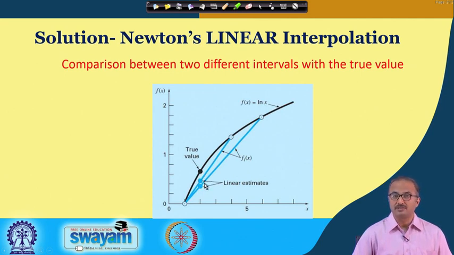So that is what I was telling: what kind of range you are choosing and what kind of functionality you have, these two will determine the accuracy of your result. You have to be very cautious whenever you are going to interpolate about what range you adopt. If you have some understanding a priori, that means before you start doing the interpolation, of the behavior of the dependent variable on the independent variable, sometimes we get this from the theory itself.